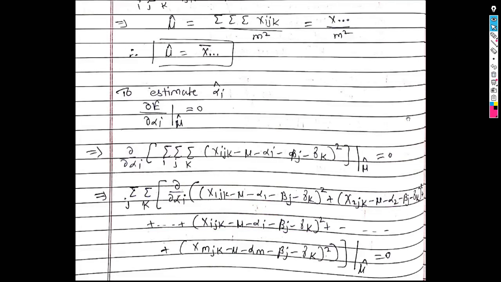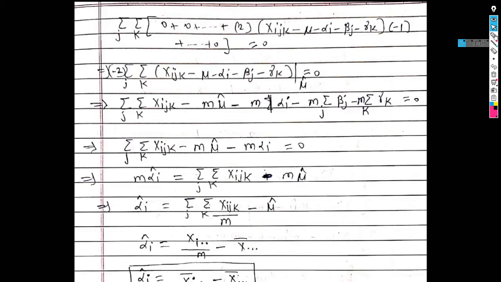So our next step is this. Here the summation over j, summation over k: the first term is 0, plus the second term is also 0, plus and so on, 2 times (xijk minus mu minus alpha i minus beta j minus gamma k) into minus 1, plus and so on, the last term is also 0, and equate it to 0.